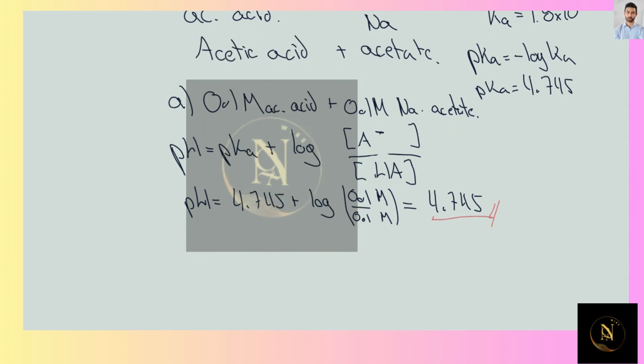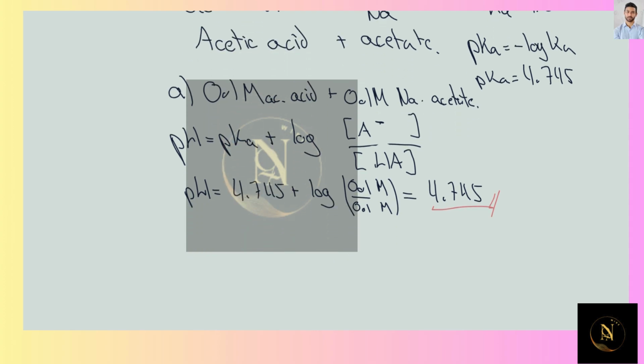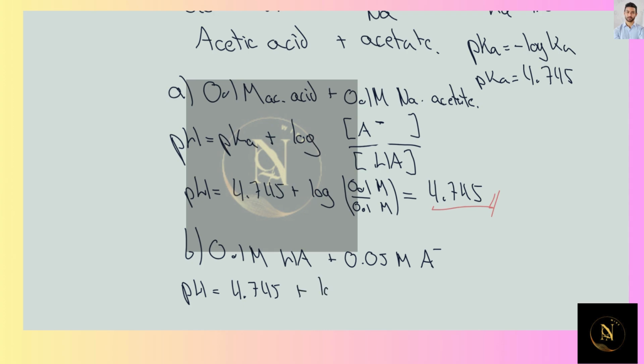Now let's look what happens for solution B. For solution B, we're going to have 0.1 molar of acetic acid and 0.05 molar of the acetate ion. So now our equation becomes 4.745 plus logarithm.